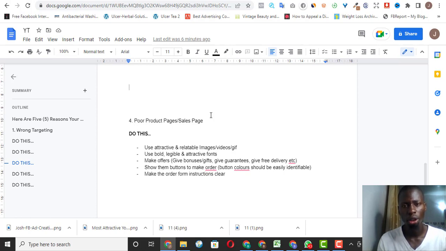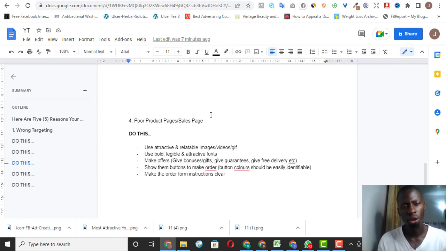At some point people just feel tired and exhausted and they just want to take action immediately. So make that button available for them at different points so that they can click and take action immediately.